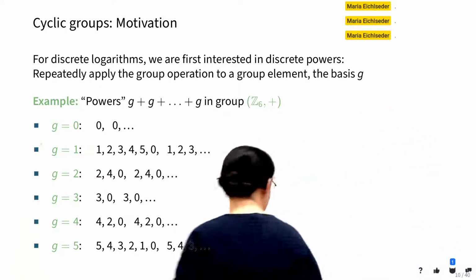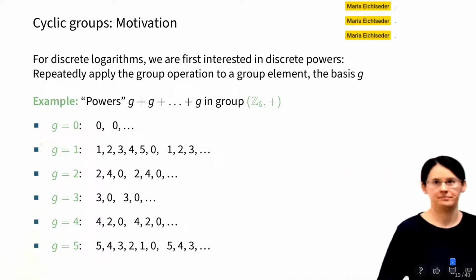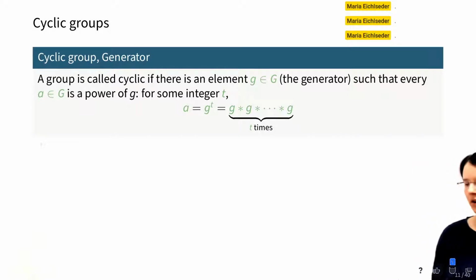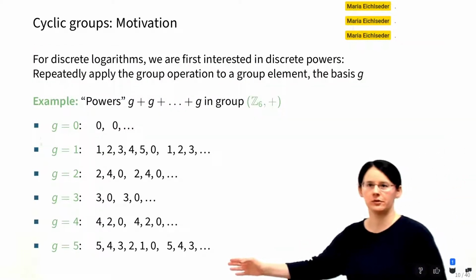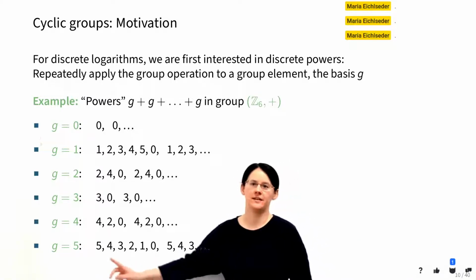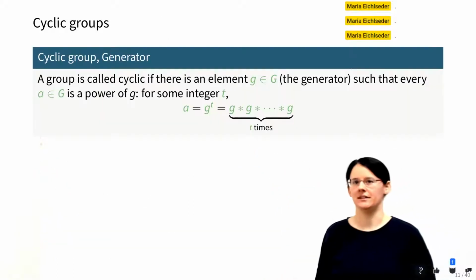What we are now interested in is, how soon does this looping happen? Also, is it possible to find an element such that when I loop through it, I actually generate all the numbers of my set? In this example, 2 numbers satisfied this.